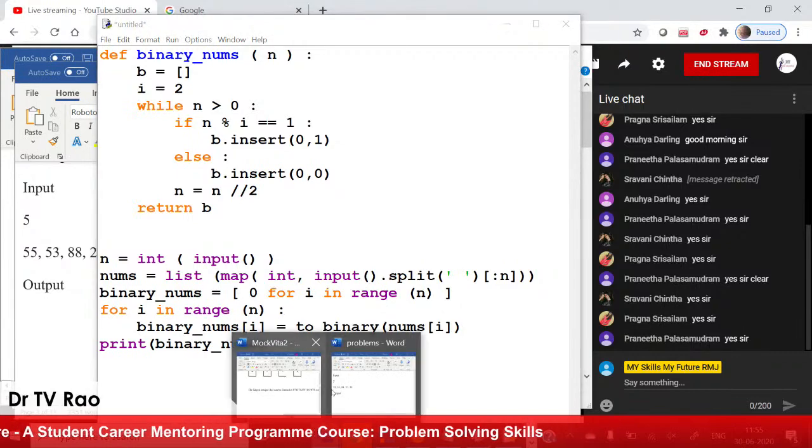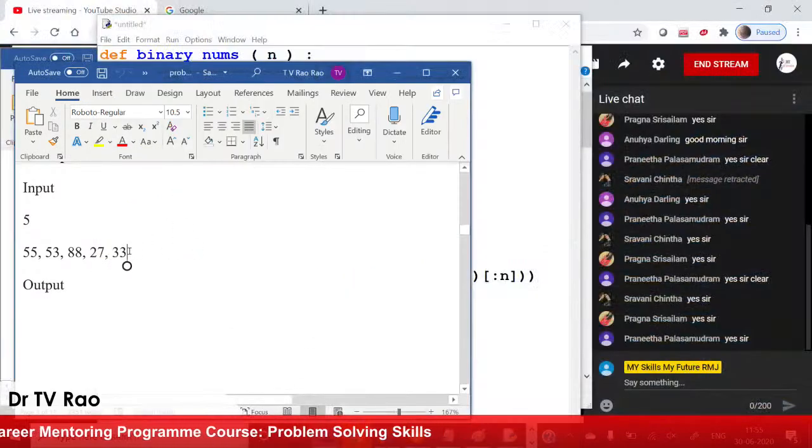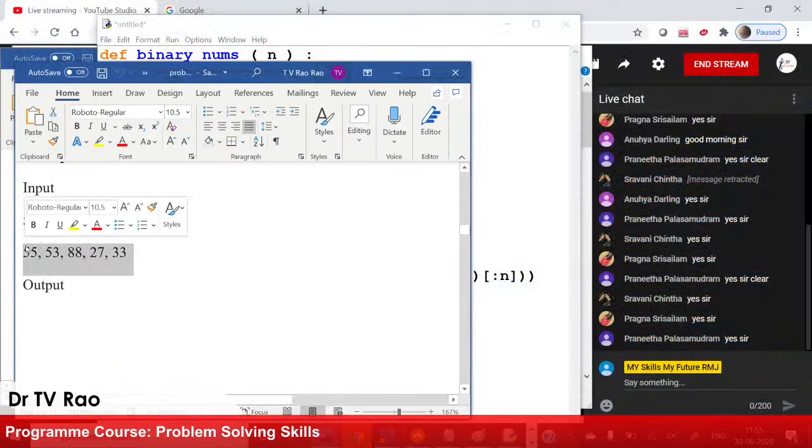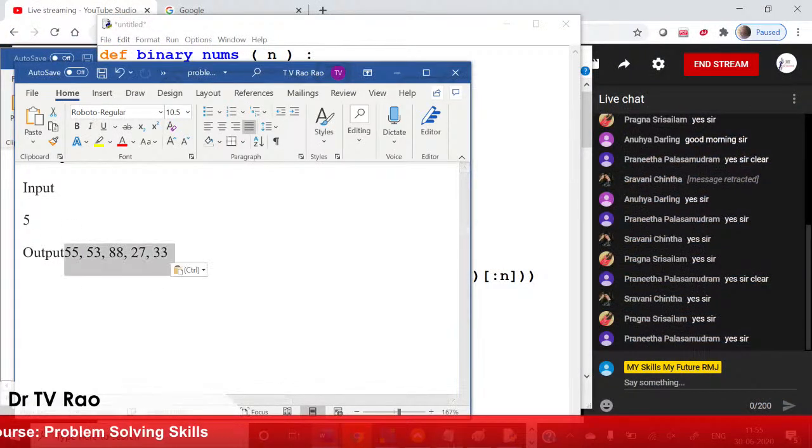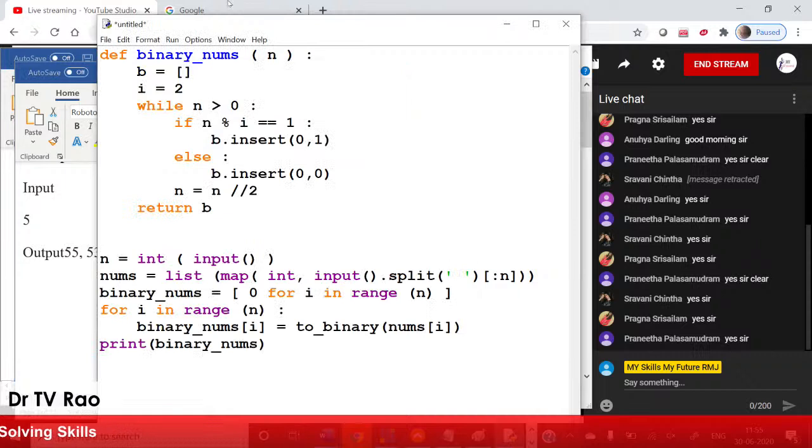What are the numbers? There are 5 numbers.